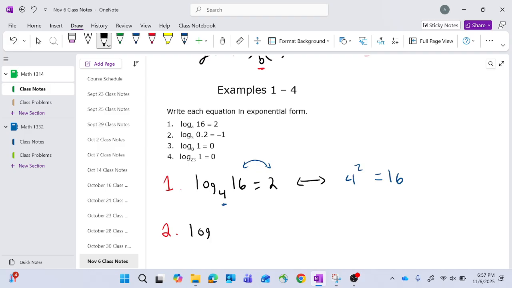Then we have log base 5 of 0.2 equals negative 1.